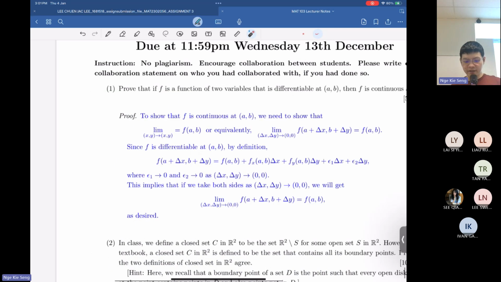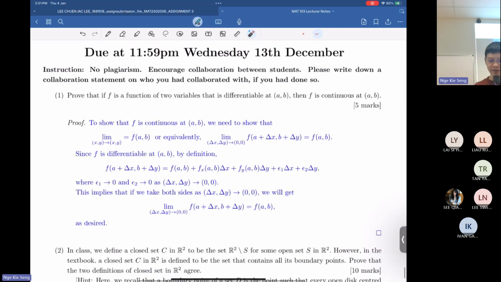Okay, so the first question here: prove that if f is a function of two variables and is differentiable at (a, b), then f is continuous. Most of you did pretty well. You just take the definition of differentiability and then take the limit.